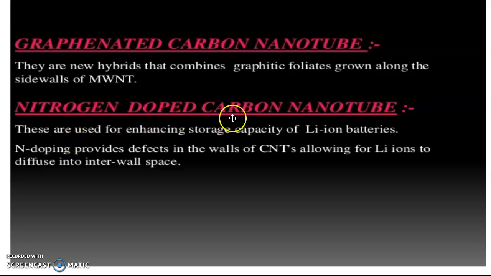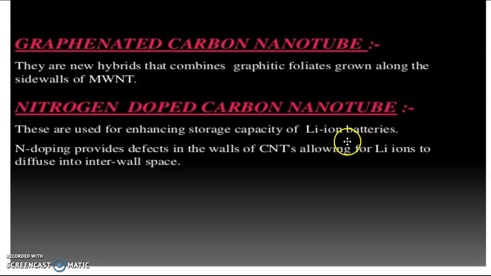Next one is the nitrogen-doped carbon nanotubes. Doping is the addition of some impurities. Here the doping agent is nitrogen. We dope nitrogen into carbon nanotubes in order to enhance the storage capacity of lithium ion batteries.